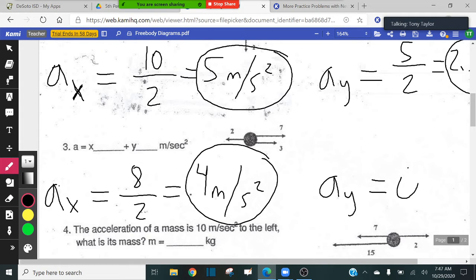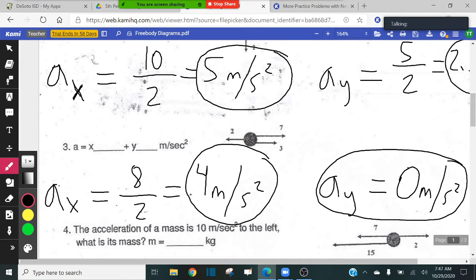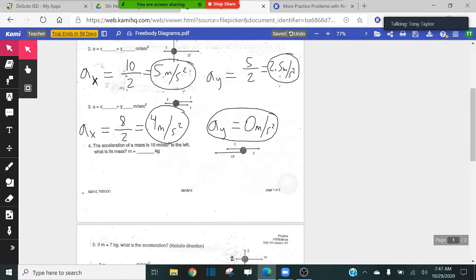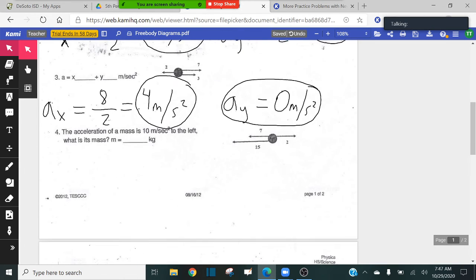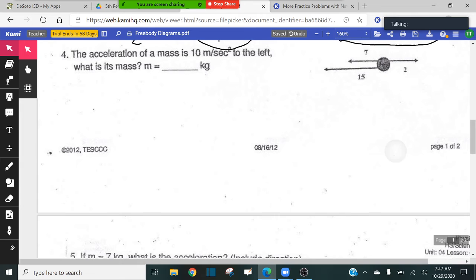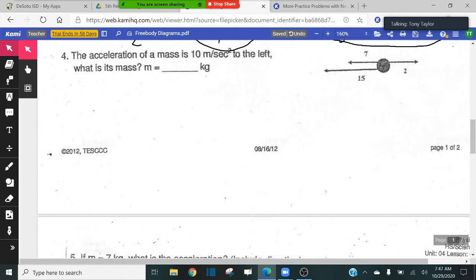So for the acceleration in the y direction, it's just 0 meters per second squared. Everybody got that? All right. Any questions so far on 1 through 3? Okay, let us keep going. Let us look at number 4.